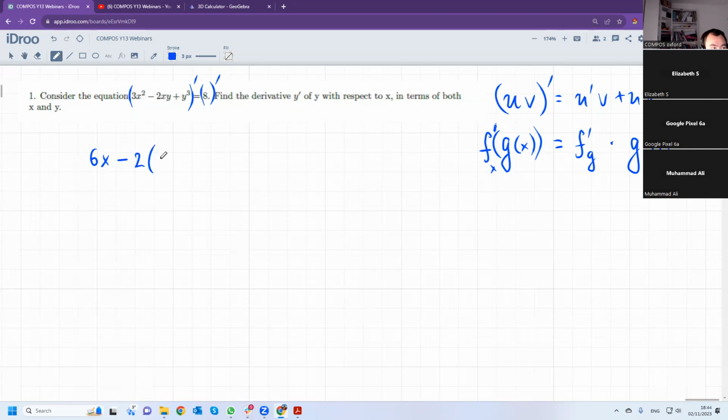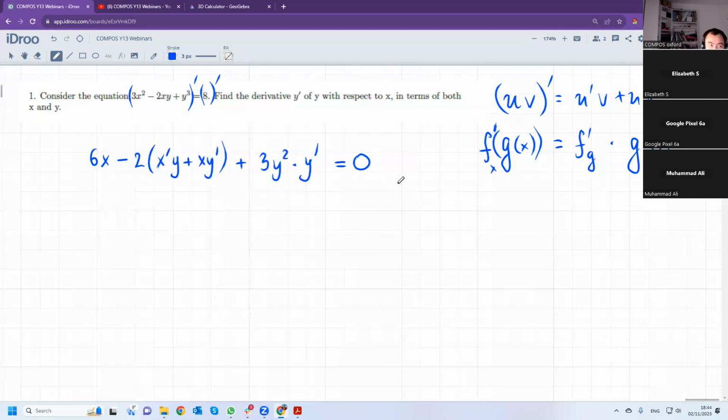So xy is going to be x prime y plus xy prime, plus, now for y cubed, I need to use the chain rule. So it's going to be 3y squared multiplied by y prime.